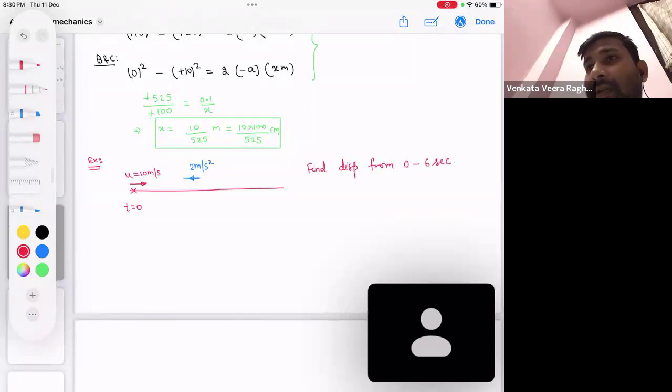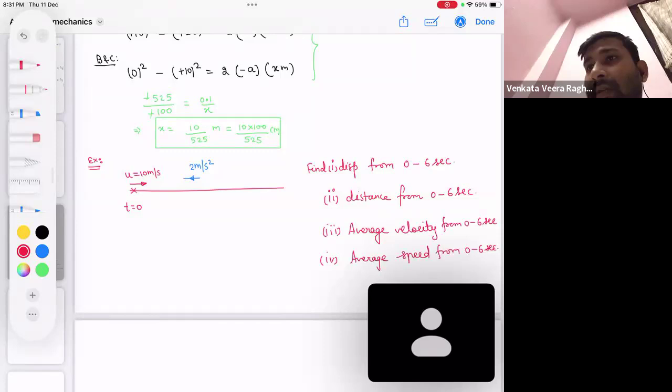Second part, we have in the question: the distance from 0 to 6 second. Do you understand the difference between these two? And the third thing is, if you can answer displacement and distance correctly, then you can also tell me the velocity from 0 to 6 second.